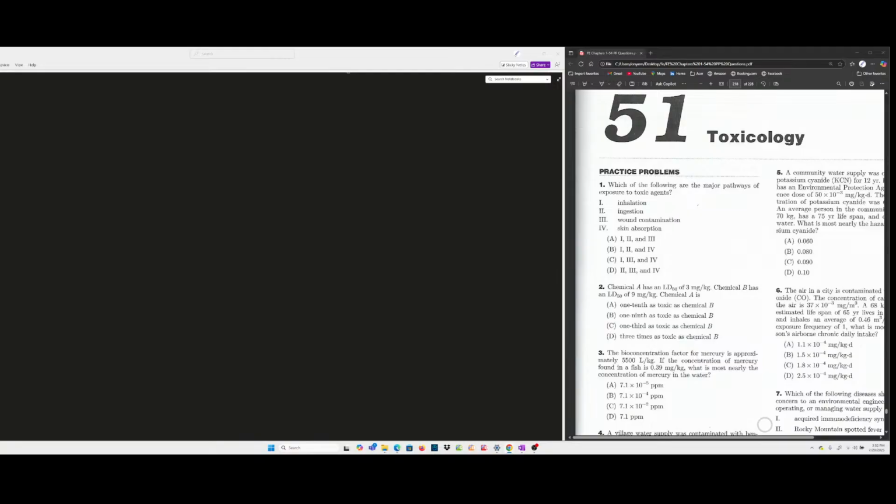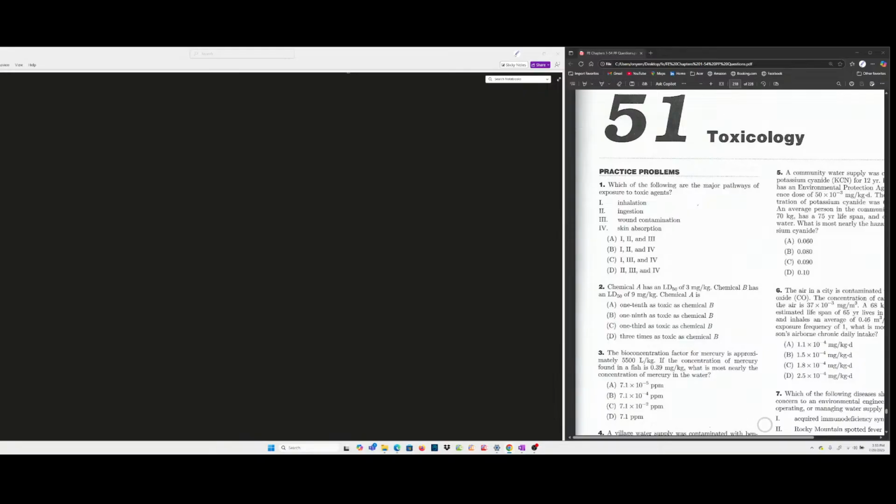Now, for the first question of our toxicology, they ask which of the following are the major pathways for exposure to toxic agents. Inhalation, correct, because you inhale it through your nose. Ingestion, correct.